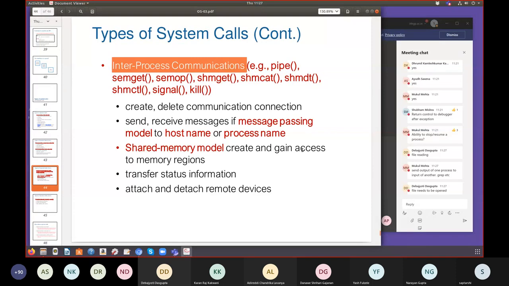Okay, so the example which Mukul gave, so often we say that you want to send the output of one program to another.